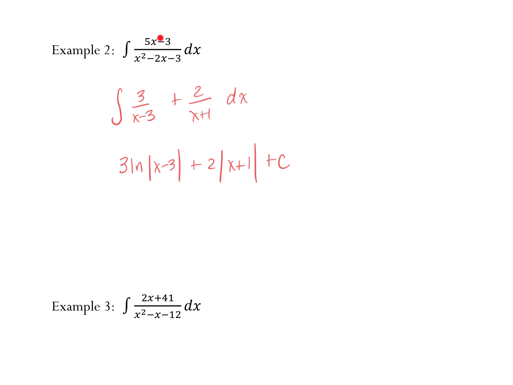If the degree of our numerator is greater than or equal to it, then we might use some sort of division or separation of fractions technique. Again, we'll have a lot of examples of that next week, but I wanted to point out when we use this particular strategy.